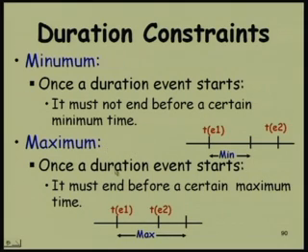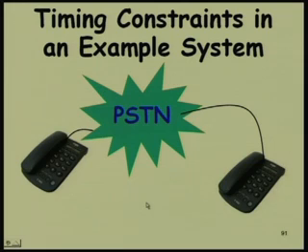Similarly, we can have a maximum constraint. Once a duration event starts, then the end of the duration must occur before the maximum delay for the event to satisfy the maximum duration constraint. Does that appear okay? Okay, fine.